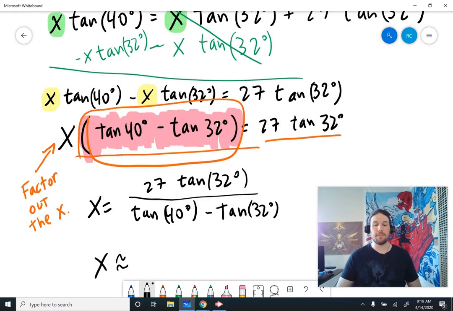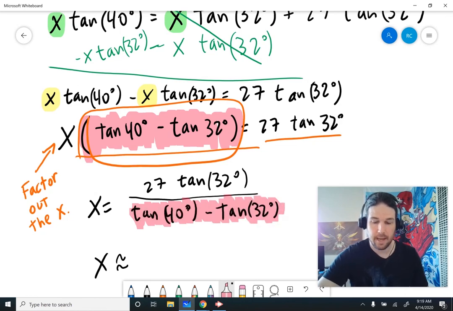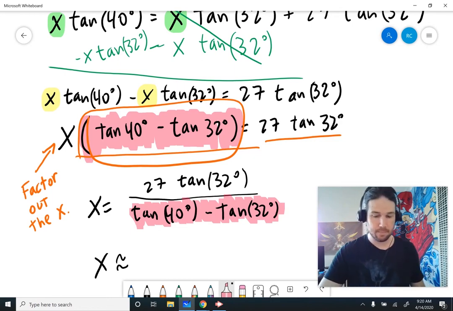Again, I just divided both sides by the thing that's highlighted in red. You'll notice that it's the same thing that's down here. Okay? I'm just following the same rules of algebra that you have learned since you were probably in 7th or 8th grade. Now it's calculator play.